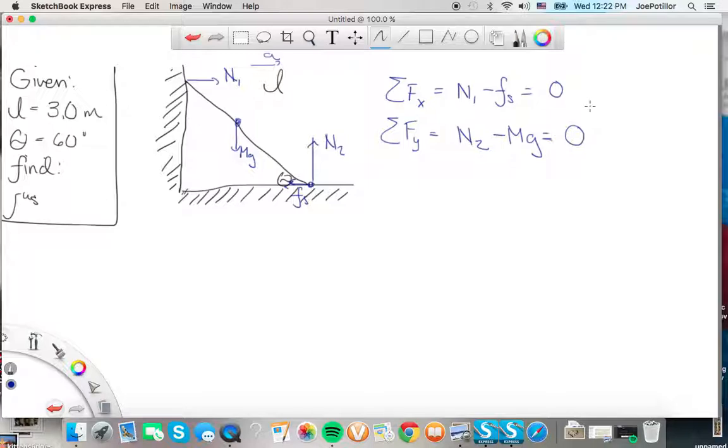So now we have a problem. With a torque, we need a distance. So we have to define two distances here. We'll define this as d1 and d2 over here.